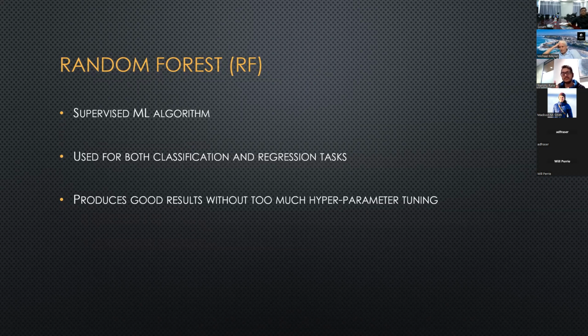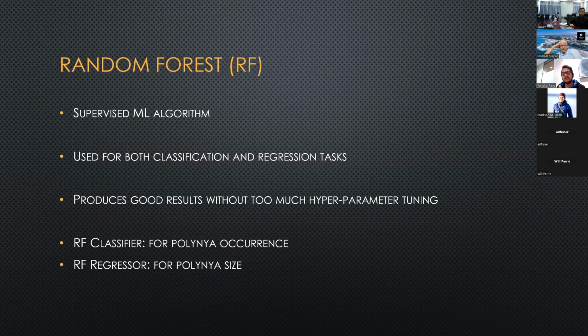One main advantage of random forest is that it produces good results without too much hyperparameter tuning. That is why we have selected this algorithm. The random forest classifier will be used for prediction of polynya occurrence, and the random forest regressor will be used for prediction of polynya size.